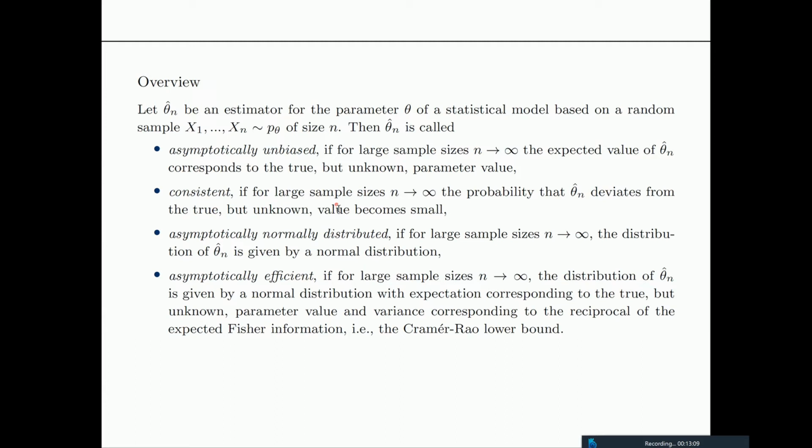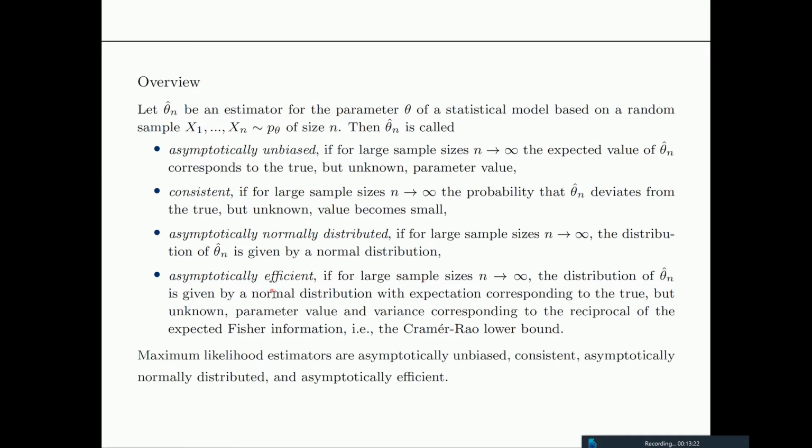So asymptotically efficient is more than asymptotically normally distributed. It embodies certain constraints on the parameters of this asymptotic normal distribution. And finally, about maximum likelihood estimators, for which you can also say these criteria were invented: maximum likelihood estimators actually fulfill this, so they are asymptotically unbiased, consistent, asymptotically normally distributed, and asymptotically efficient.